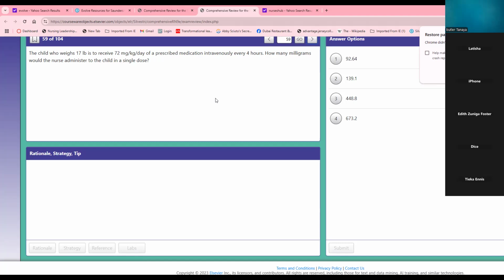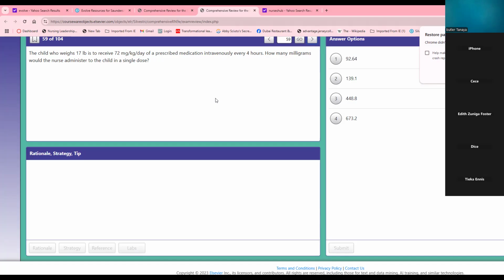Okay, now leave that whole number in your calculator and multiply that times 72 because that's the ordered dose, right? 72 milligrams per kilogram a day. And what'd you get? 556.36, blah, blah, blah. Leave that whole number in there.